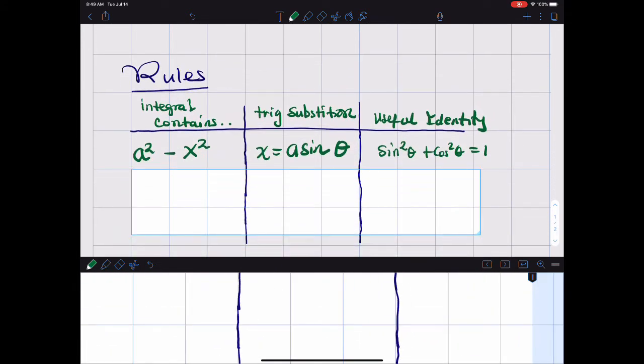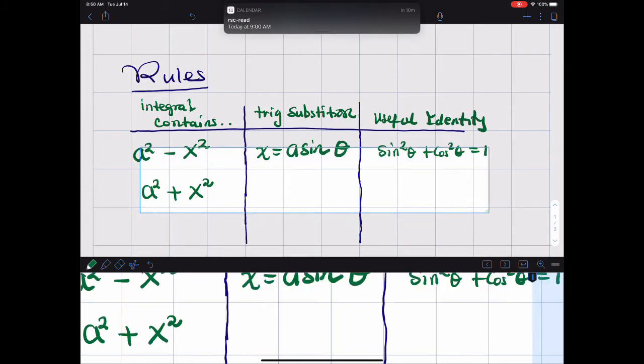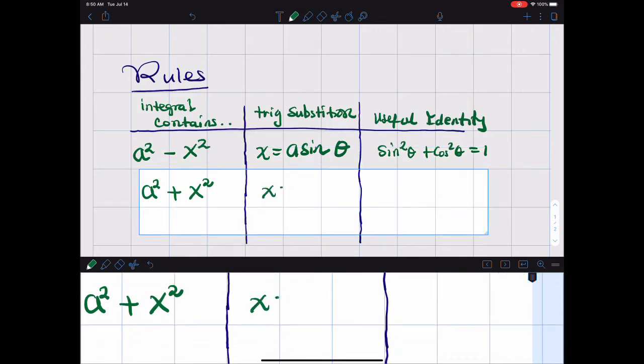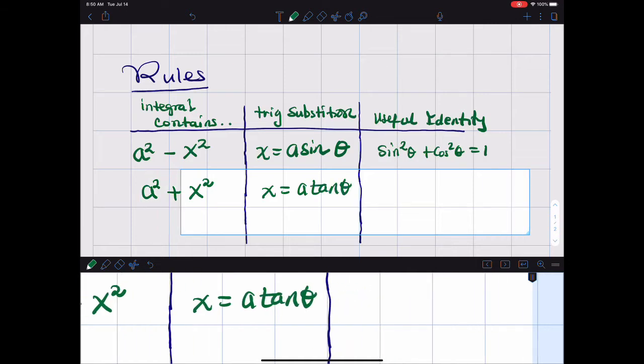Now, if the integral contains a squared plus x squared, then you have to make the trig substitution x is equal to a tangent of theta, and you think of the identity 1 plus tangent squared theta is equal to secant squared theta.